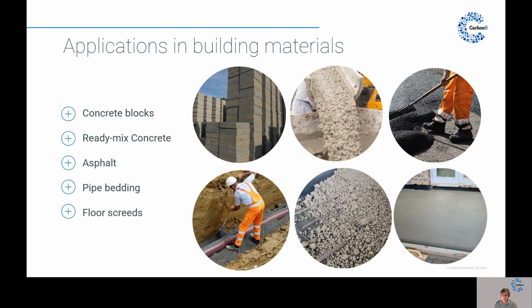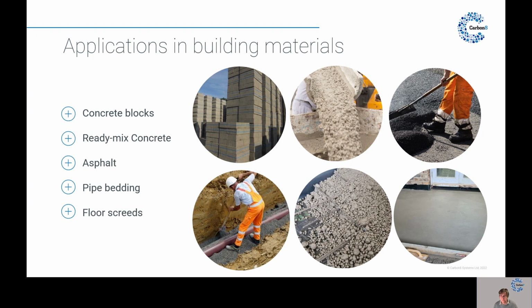And as such, the aggregate can be used in a range of applications to produce low carbon building materials. Principally, the material goes into concrete blocks, and there's a history of use since 2012 in these typical aggregate medium dense or dense blocks.